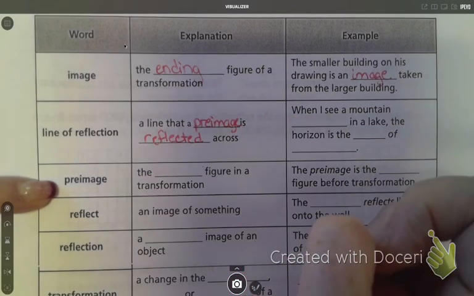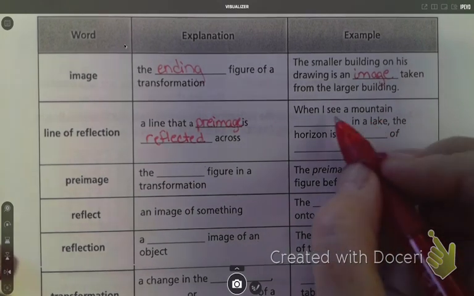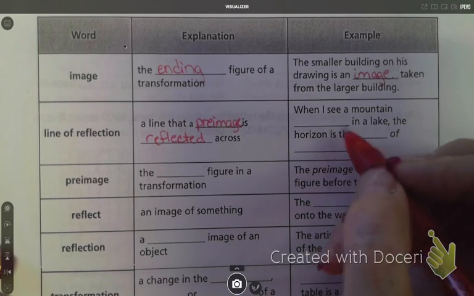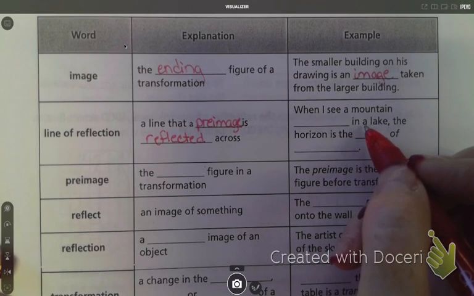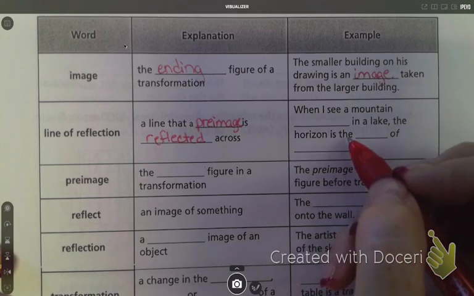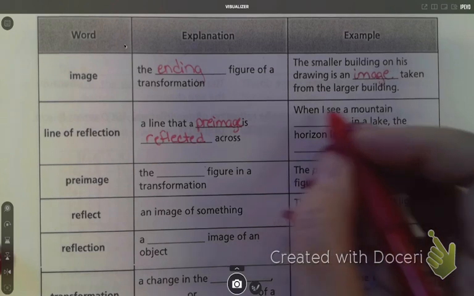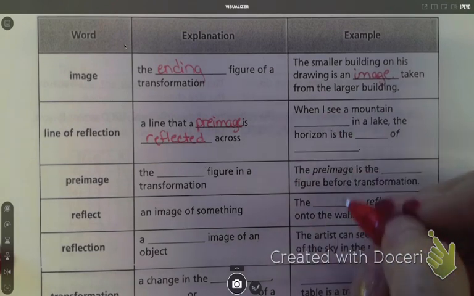Guys, I'm not asking for book words. I'm just asking what words make sense to you. Does that make sense where we're going? Okay, when I see a mountain blank in a lake, the horizon is the blank of blank. When I see a mountain, what in a lake?